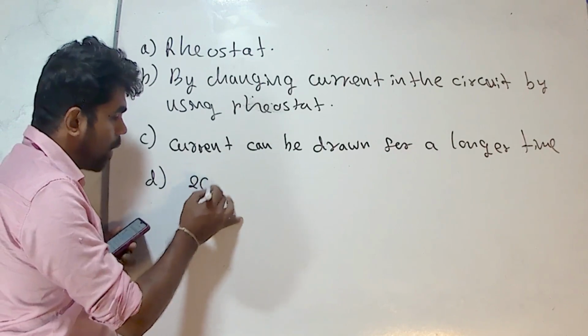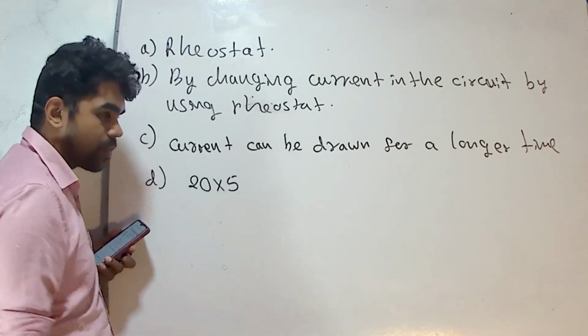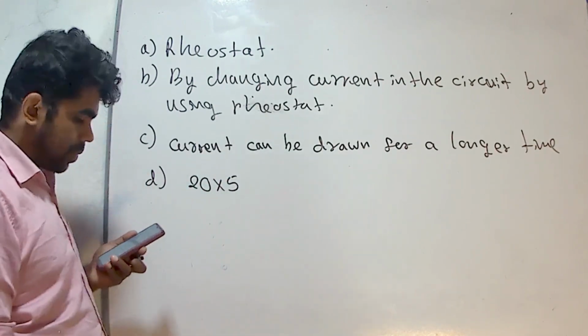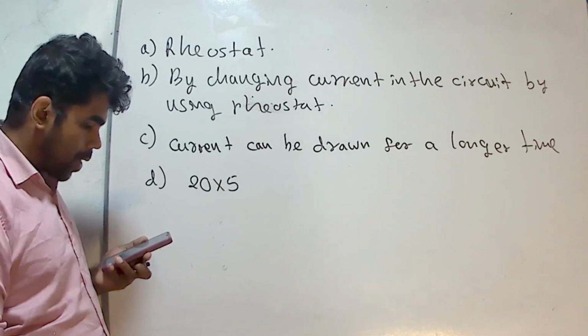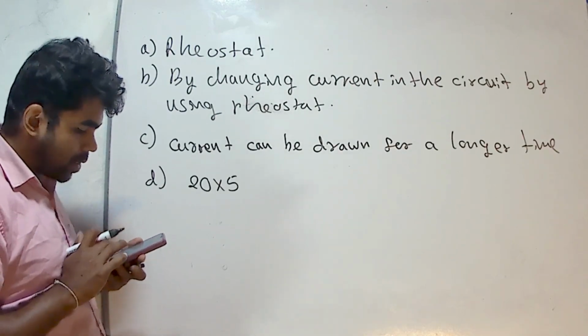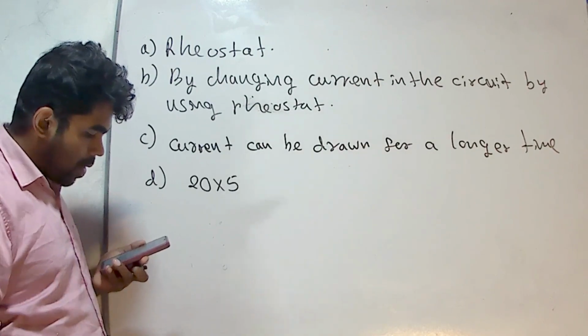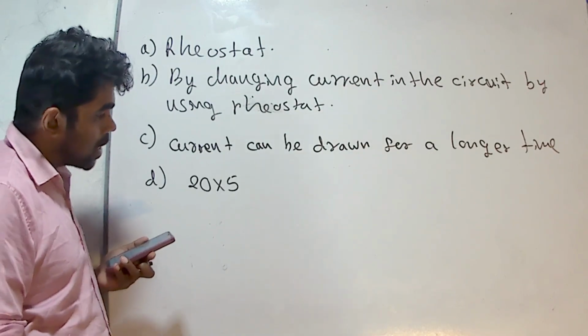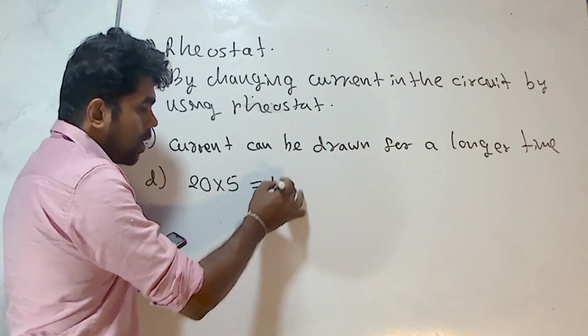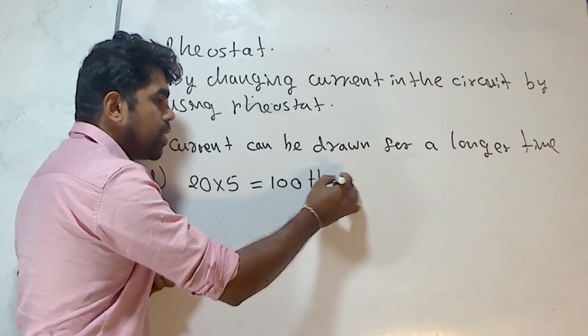Then 20 times 5 is the number of times the light beam hits P within 1 second. It means the frequency is 100 Hz.